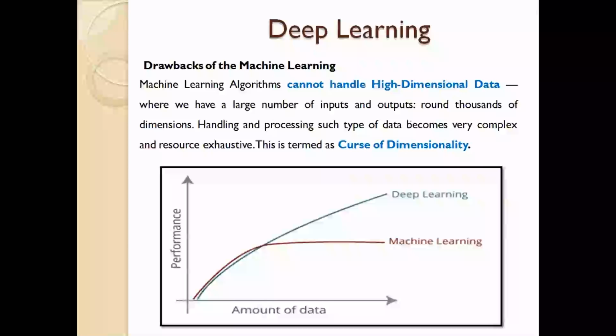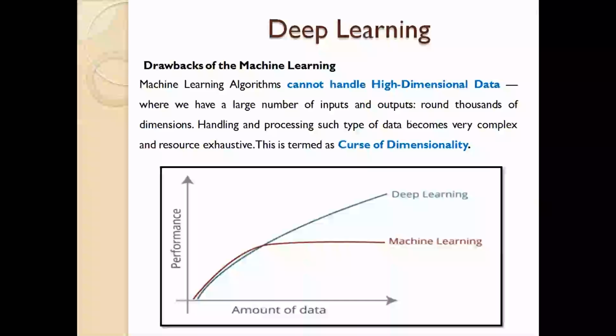Machine learning algorithms cannot perform well on such a volume of columns. Hence it is said that machine learning cannot perform well on high dimensional data. High dimensional means many columns. It cannot perform well on that. This is the second drawback of machine learning.